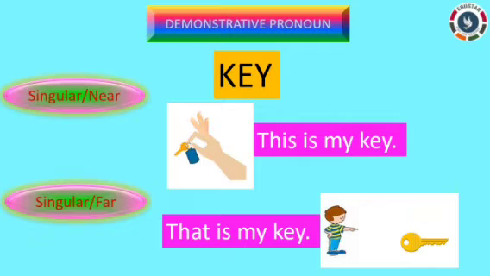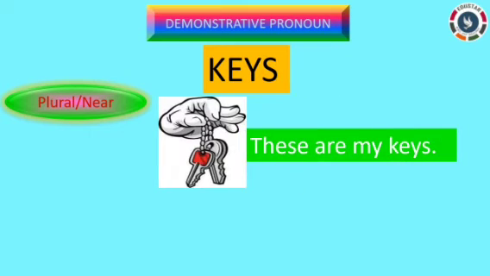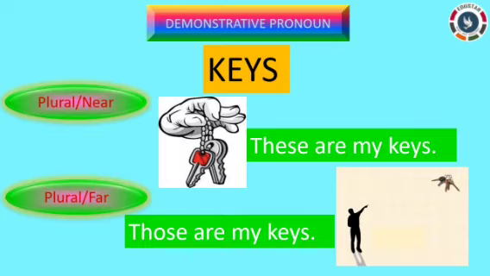Now, the same noun, key, we will take in the plural form, that is, keys. If the keys are near you, you will say, these are my keys. If the same keys are far, then we will say, those are my keys.